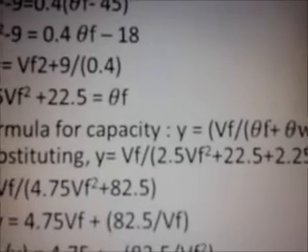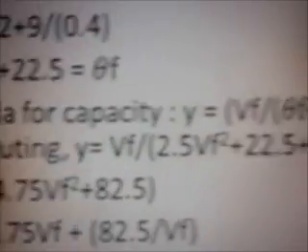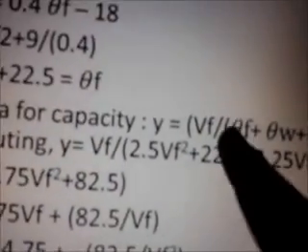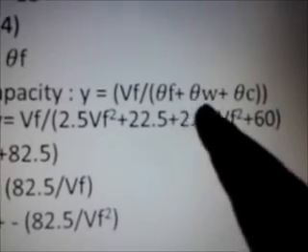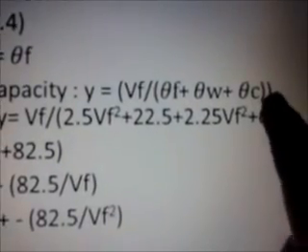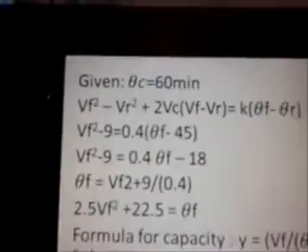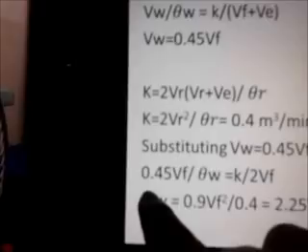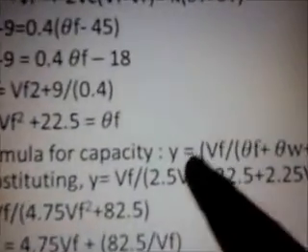So now we are able to find for the value of theta F and theta W. So the formula for the capacity is equal to Bf divided by theta F plus theta W plus theta C. So substituting all the values of theta F, this one is the theta F, this one is the theta C, and this one is for the theta W. Just plug in all the values in the general formula.